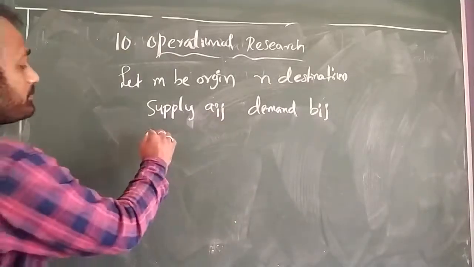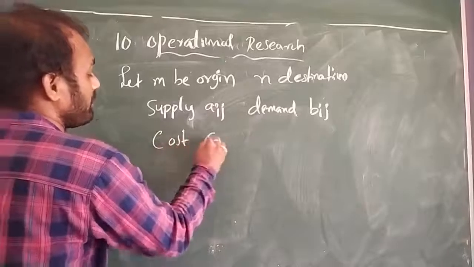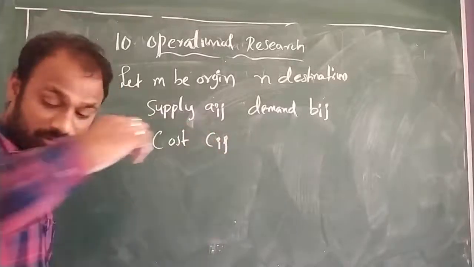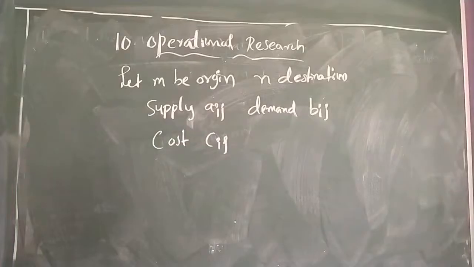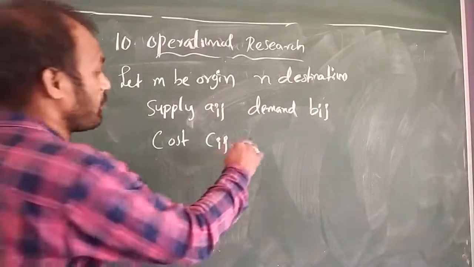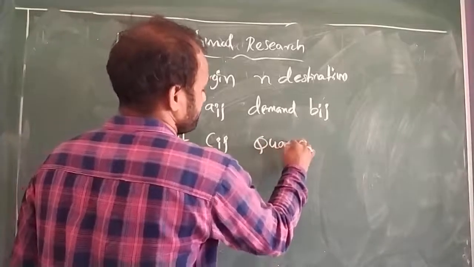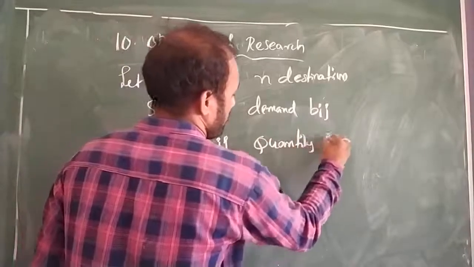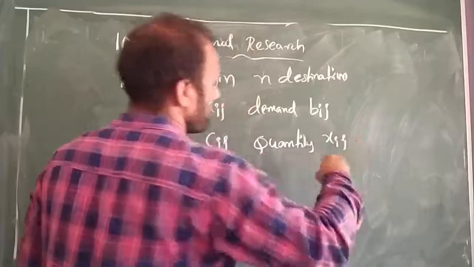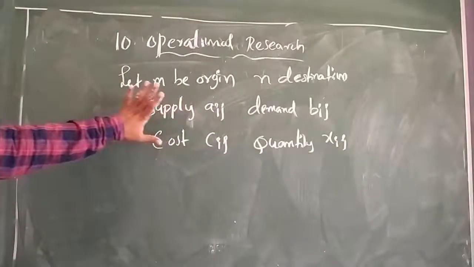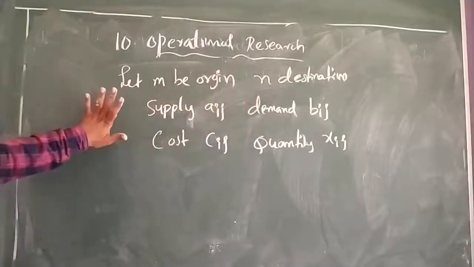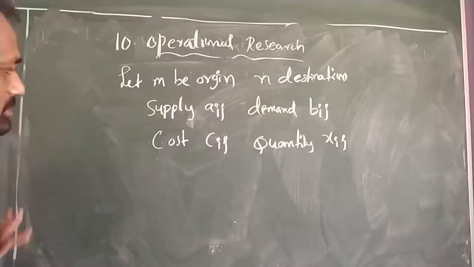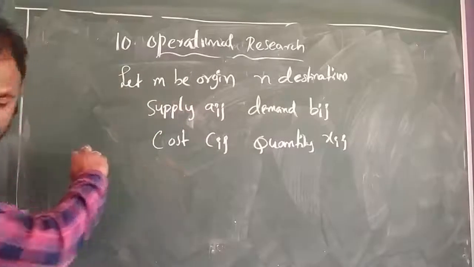The cost parameter here we are representing with Cij, and the quantity is Xij. These are the variables, but while you are solving the questions, we will have the numbers. So what is the minimize transportation?